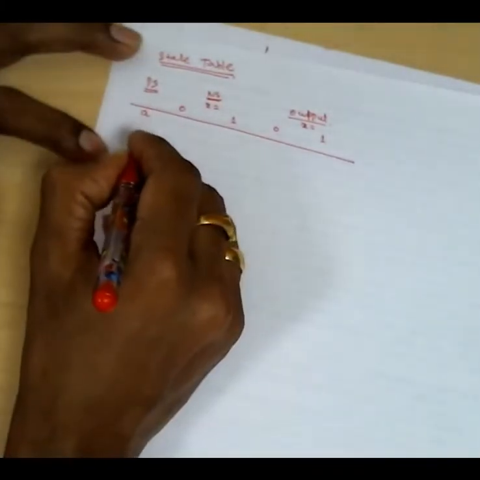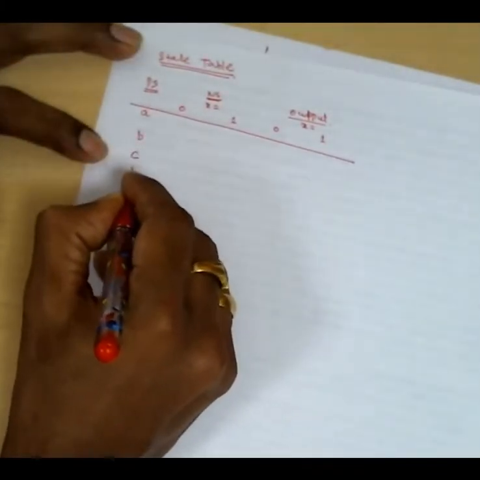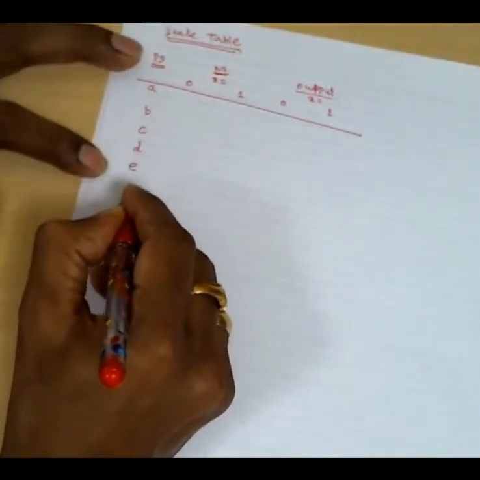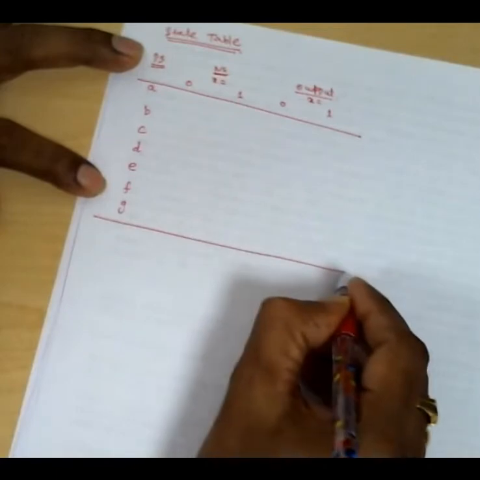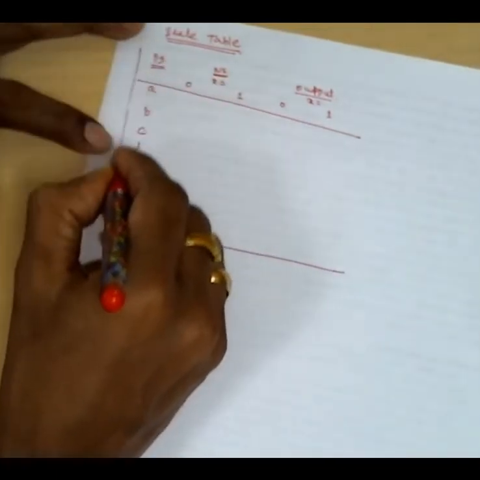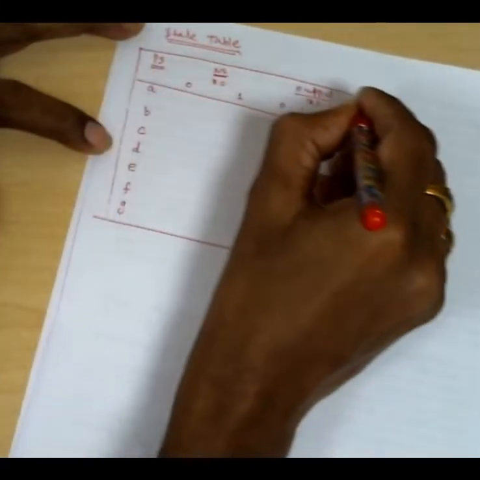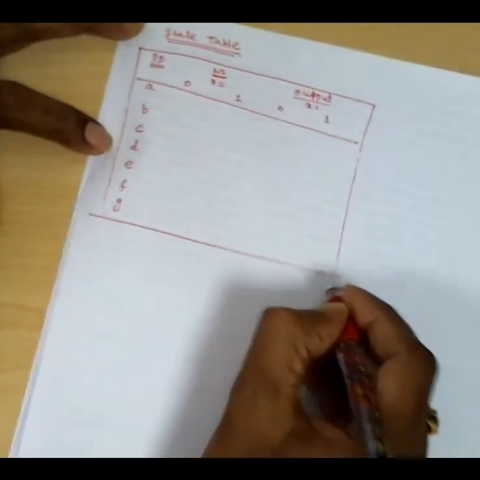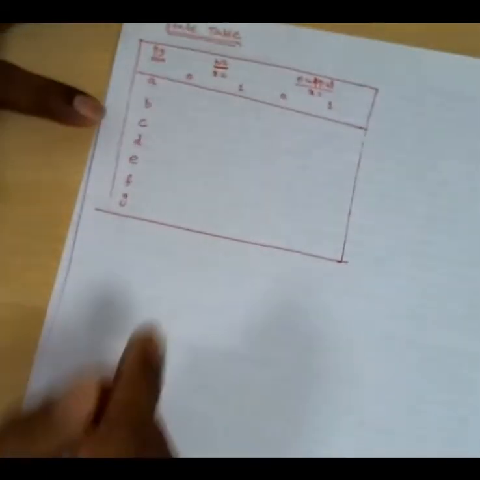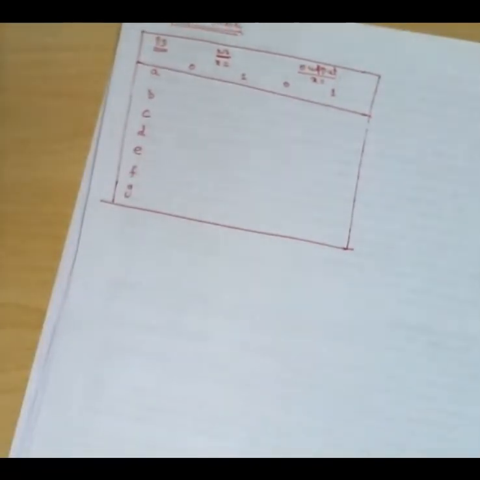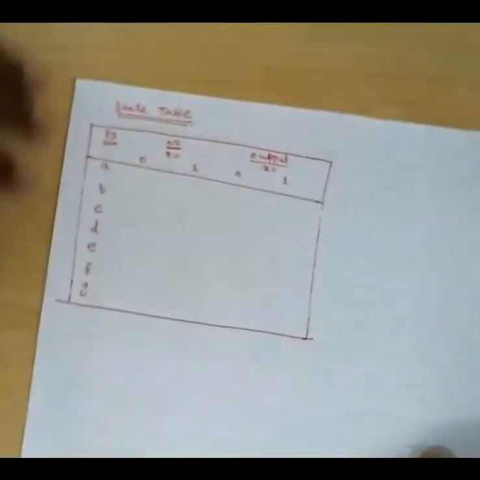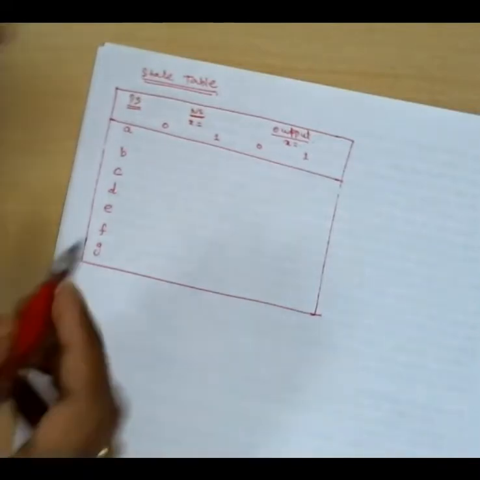A, B, C, D, E, F, and G. Listen carefully. This is very simple, but you need to understand the algorithm. The flow should be very clear to you. So these are all the present states.